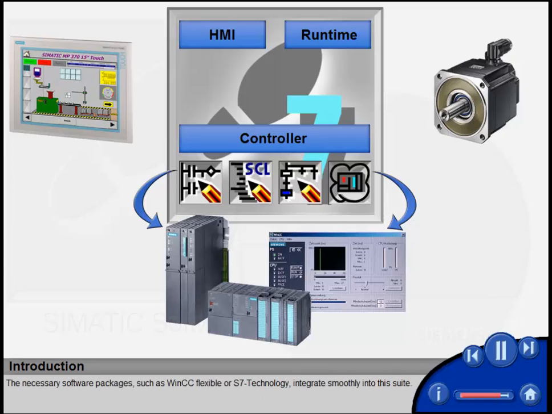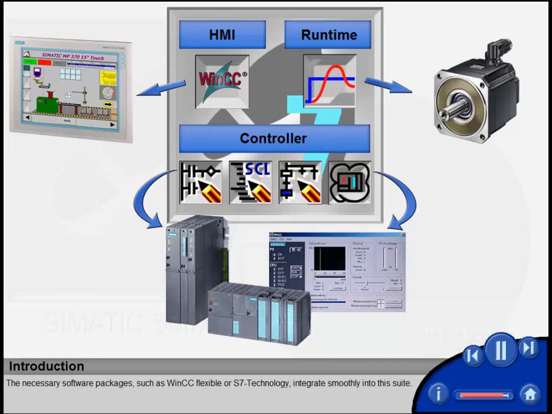The necessary software packages, such as WinCC Flexible or S7 technology, integrate smoothly into this suite. You can choose from many more software packages that integrate just as easily and allow you to customize your development environment perfectly to the project requirements.